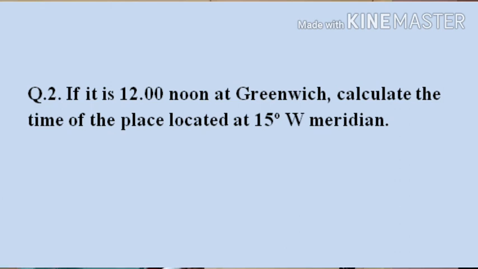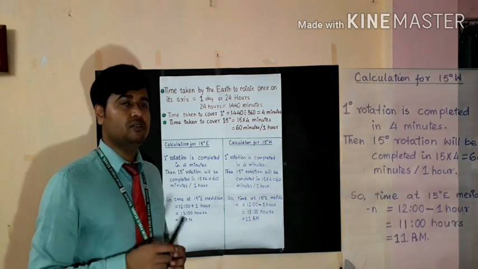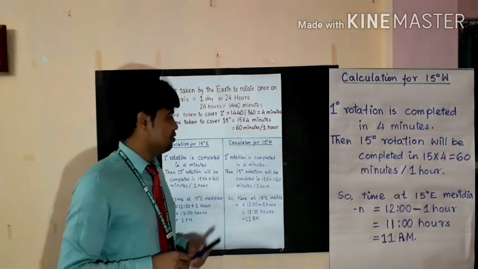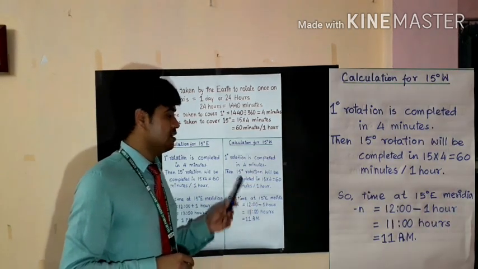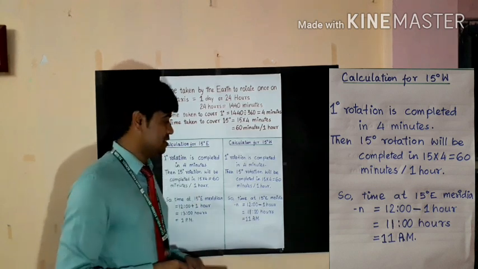So, the question is, if it is 12 noon at Greenwich, calculate the local time of the place located on 15° west meridian. So, we know 1° rotation is completed in 4 minutes.